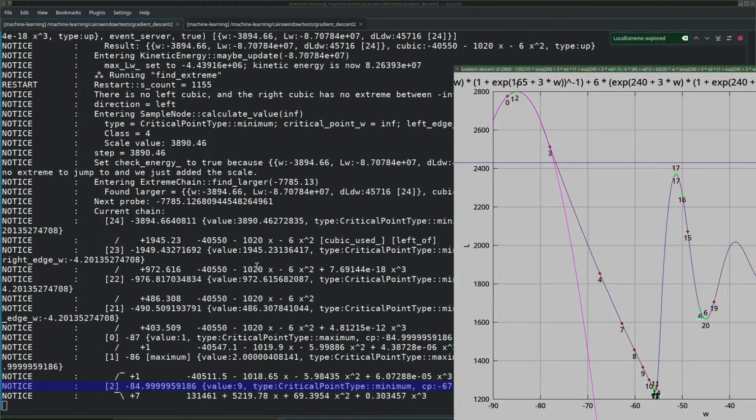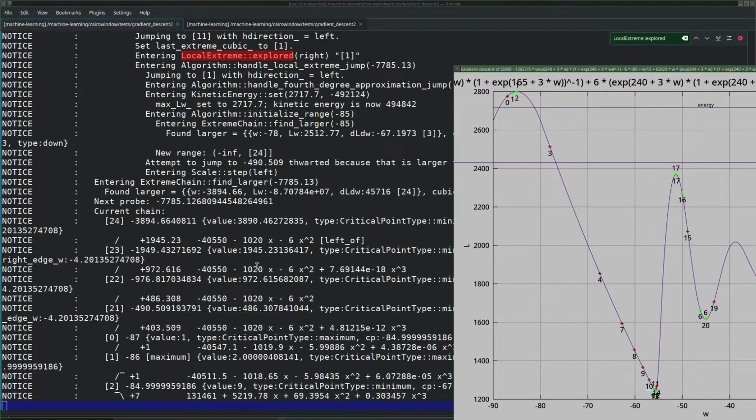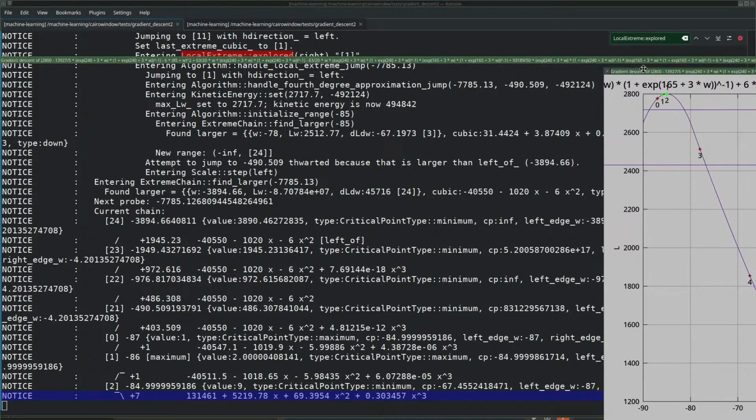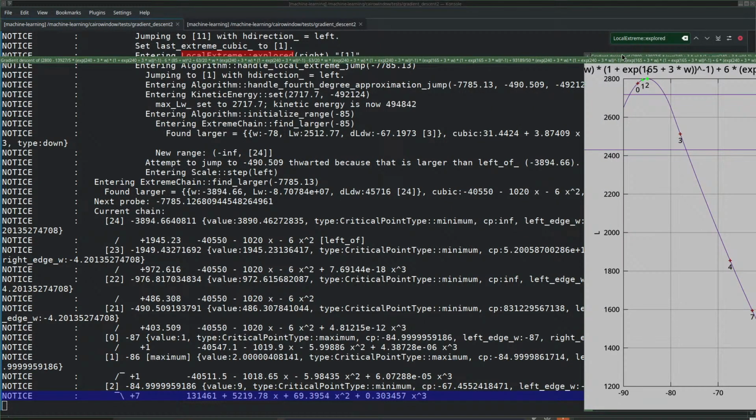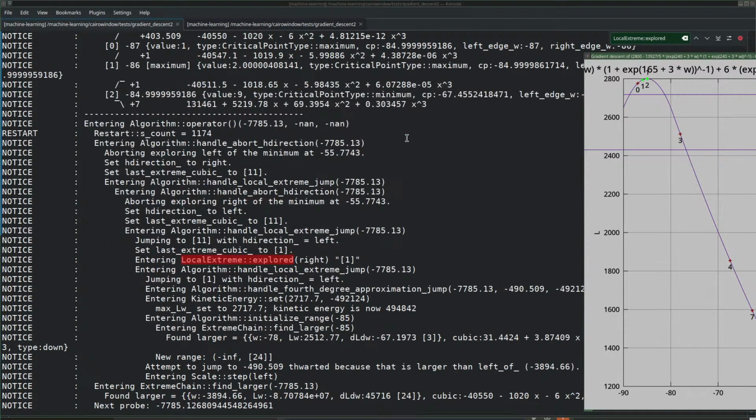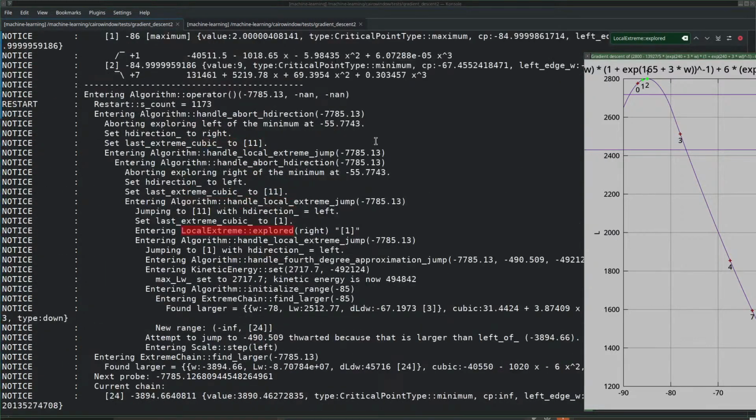So we go to minus infinity again, and then when that turns, it's already in a loop. Yeah, nice.